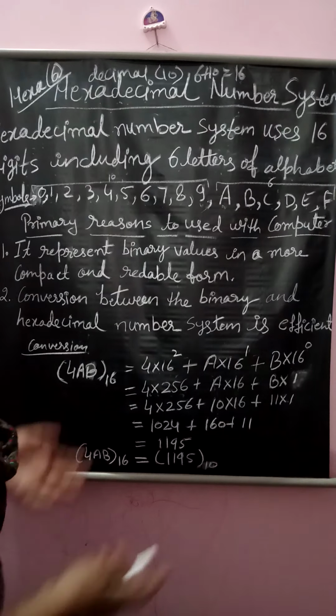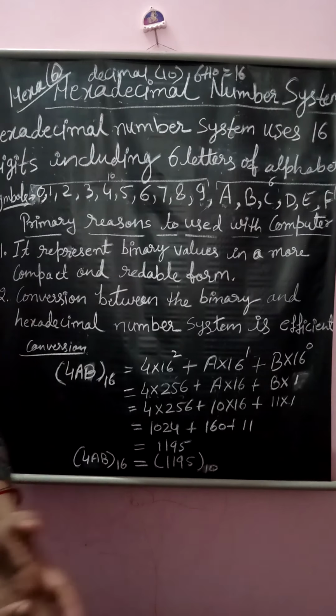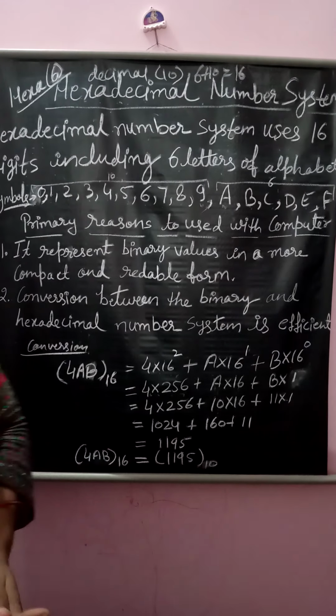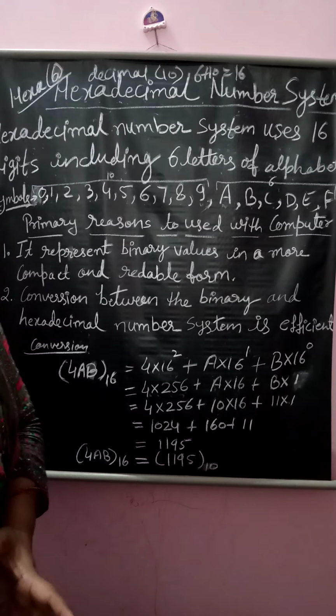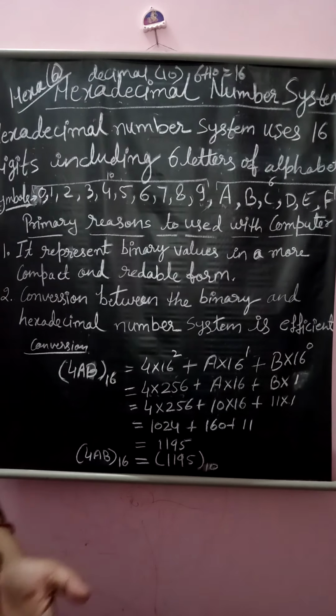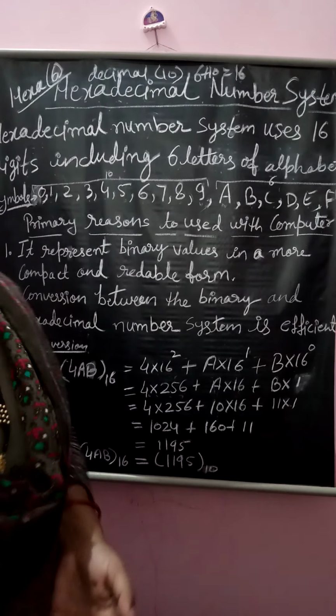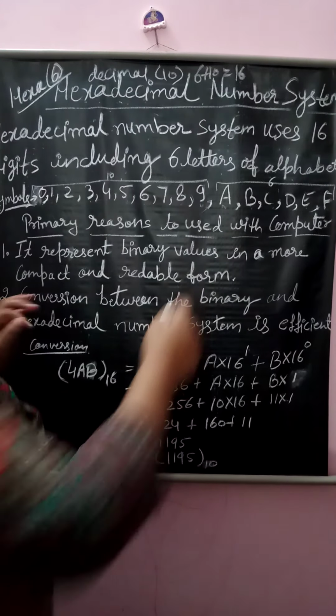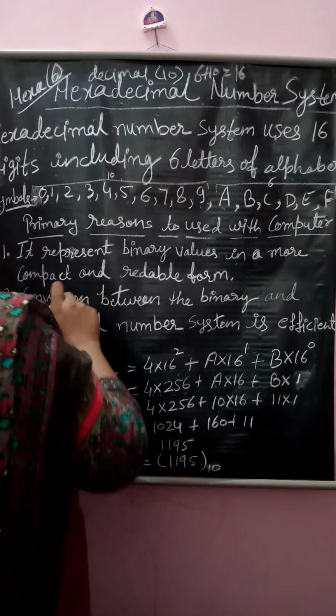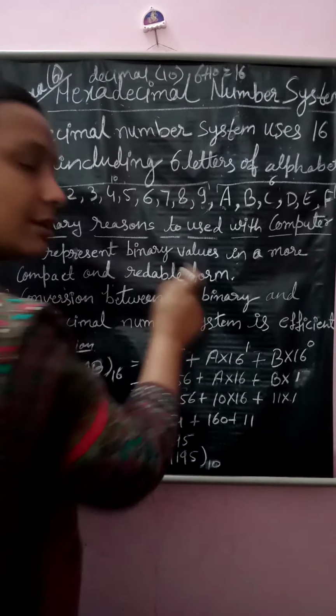So why are we using this hexadecimal number system in a computer? The reason is that it represents the binary value in a more compact and readable form.